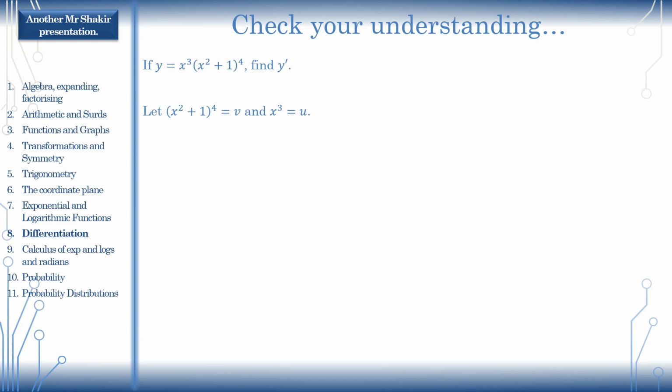Anyway, so we let x squared plus 1 all to the power of 4 equal v. We let x cubed equal u. So we're going to call this u, we're going to call this v. Notice I'm calling the whole thing v, including the power of 4. And to differentiate v, we will need to use the chain rule, which we have just finished learning.